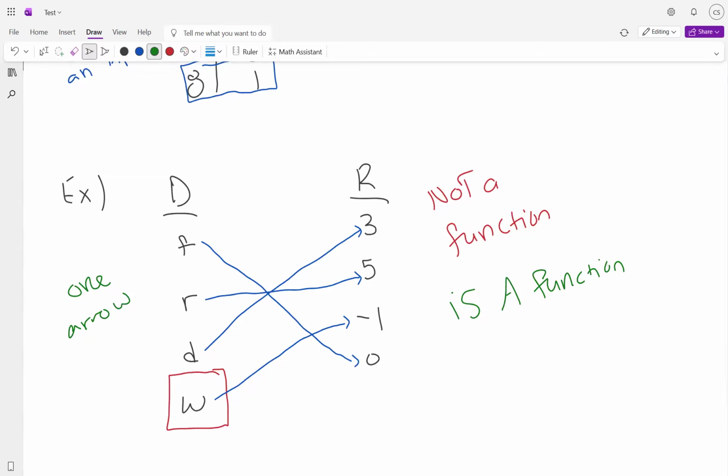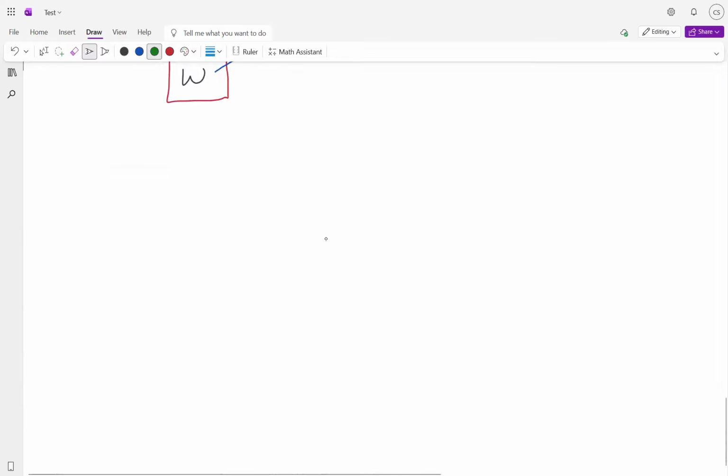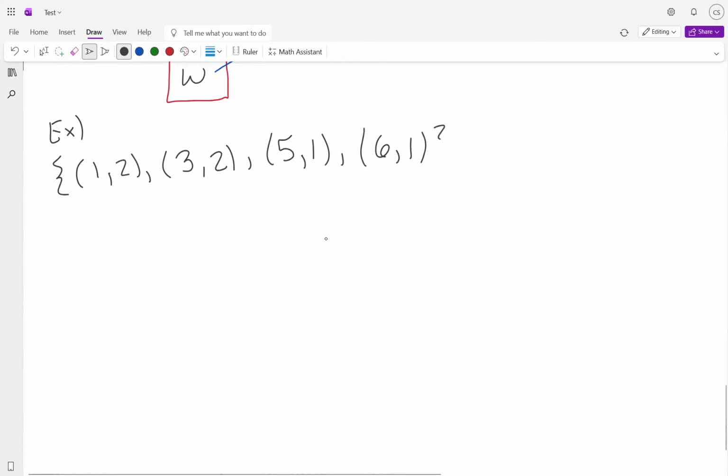All right. The other thing we look at is a list of points. This is an example still. So if I have a list of points, (1, 2), (3, 2), (5, 1), and (6, 1). This is my list. I have 4 points, so I have 4 ordered pairs. So same thing's going to happen. I'm going to look at the set of inputs.